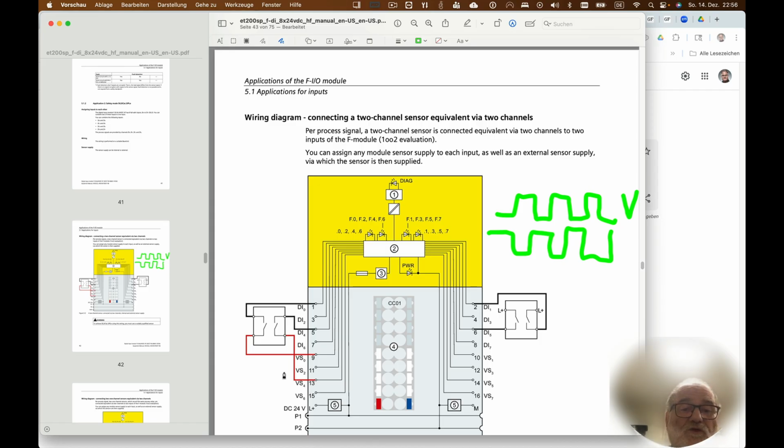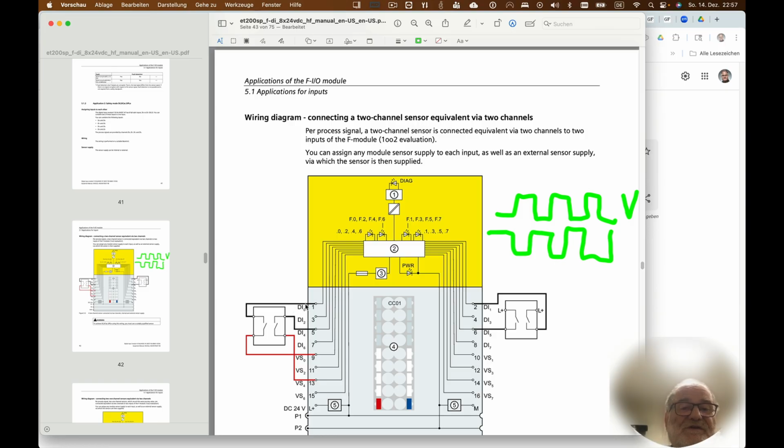And now if you make a short circuit from DI0 to DI4, why would that happen? Let's just assume that one of those contacts is bad, and you got a real smart electrician that says, oh, that doesn't matter, I can just jump around the DI0 and the DI4, and that way my machine is ready to run again.